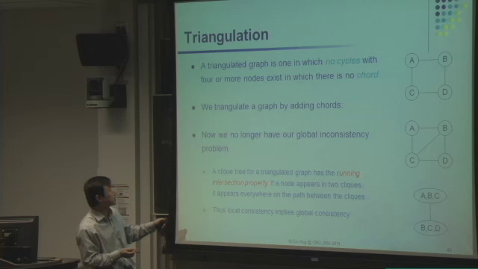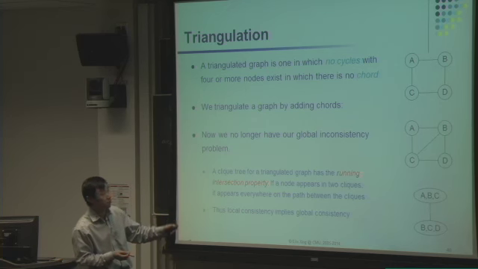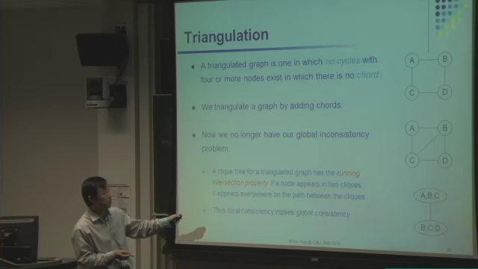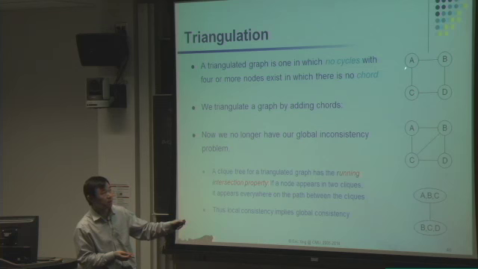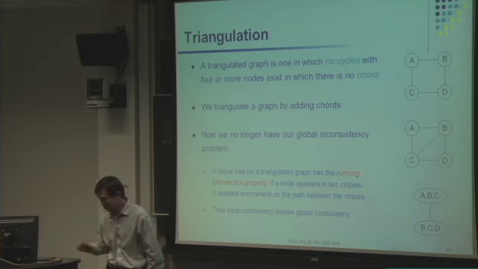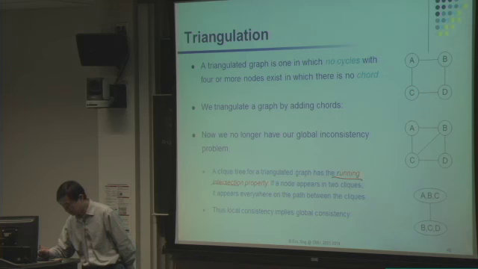But if I do this, I'm going to turn this graph into something called a chordal graph, or a triangulated graph, where I put a chord for any 4 nodes that is not triangulated. Then I'm going to get something like this. Okay, and then I'm going to be able to create a clique tree, which has an important property called the running intersection property.